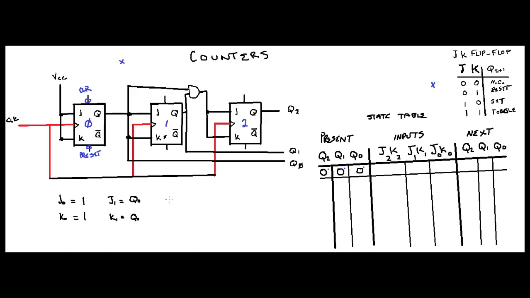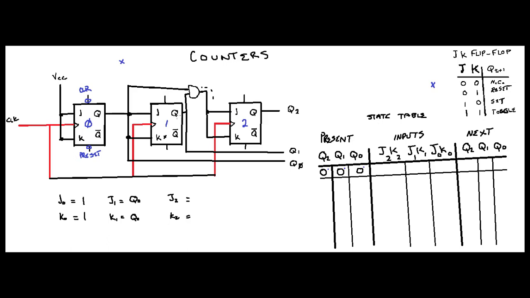Now what about J2? Here we go, guys. Right there. J2, well, that looks like it's the output of an AND gate, isn't it? See? It's coming right out of here, right? So what are the inputs to that AND gate? Well, you have a Q1 and a Q0.